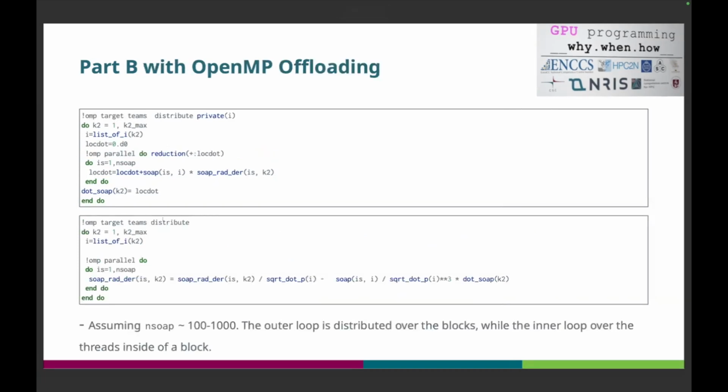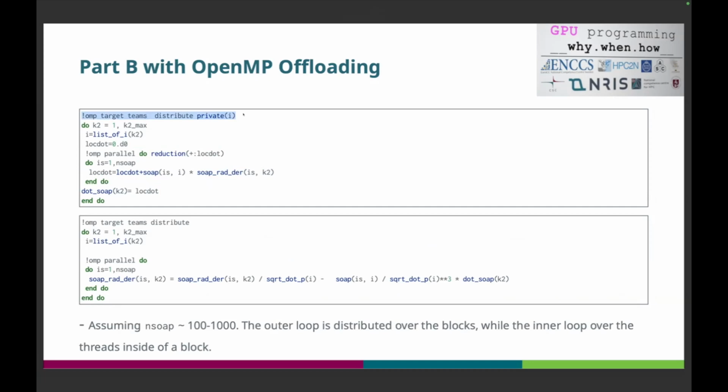So now I'm running out of time, so sorry, I have to hurry up, pass faster. I take the second part of the loop, and we see that first we compute this dot product, and here is how we parallelize it.